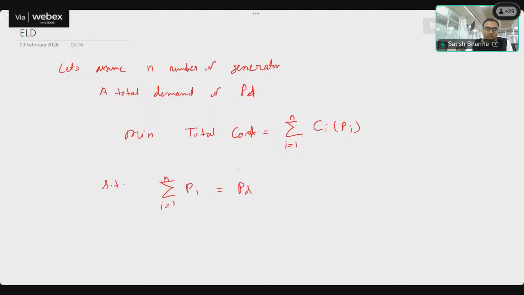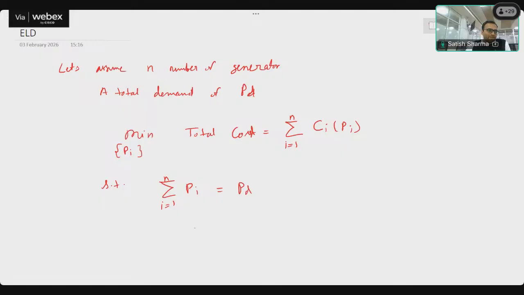As far as the optimization problem is concerned, I have to place the variables here, just to clearly mark that these are my variables. Under the min or max function, I have placed the values which I am looking for and in which I am interested. So Pi is my decision variable, that is, how much each unit should produce, and the objective function is to minimize the total cost, which is given by this.